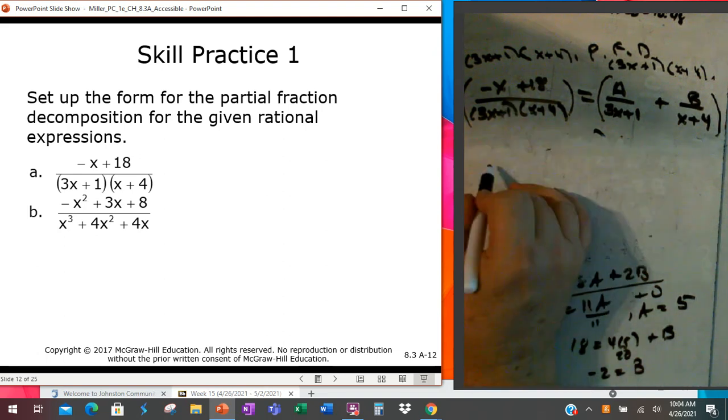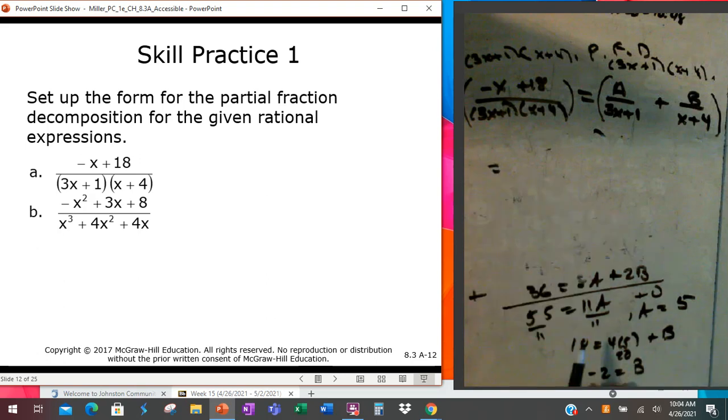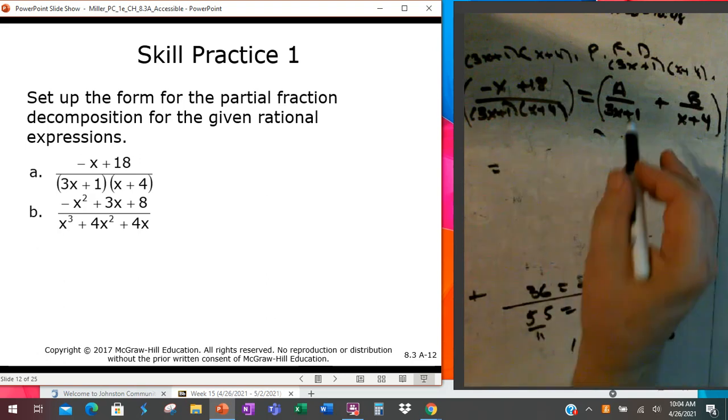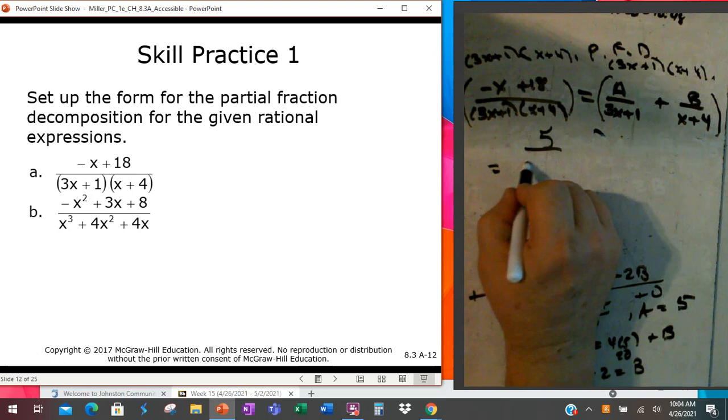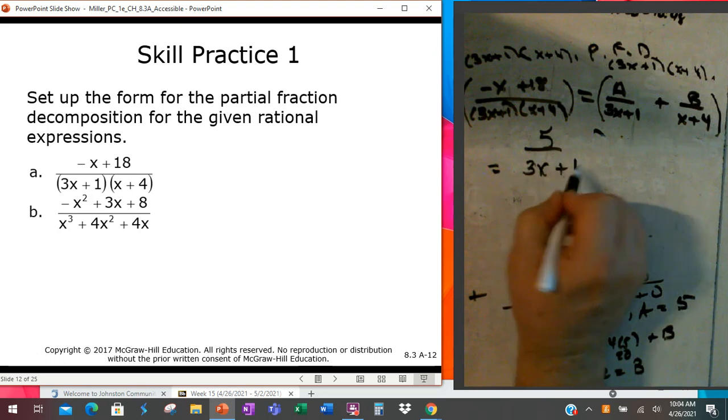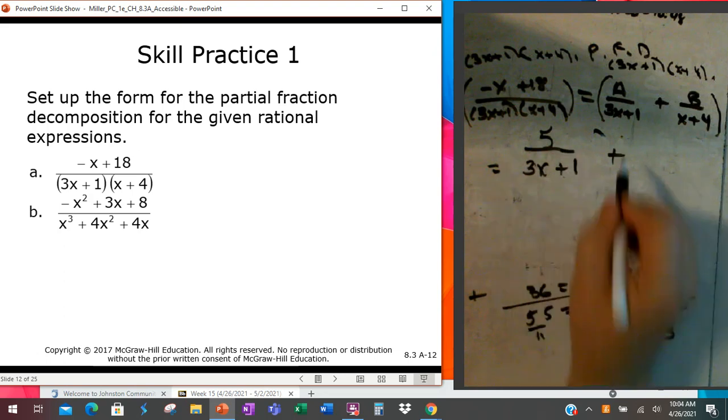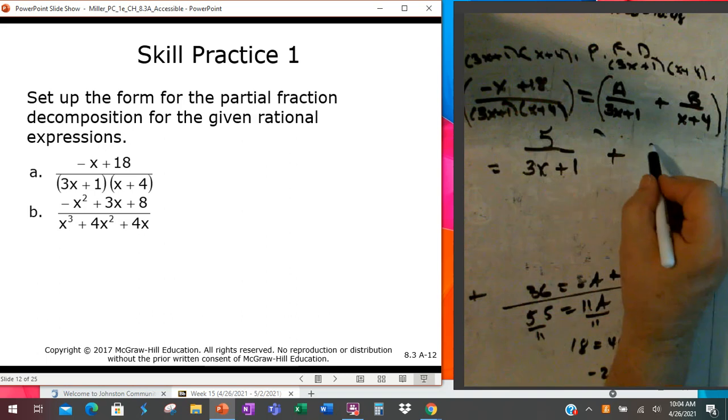So this is going to be equal to the minus x plus 18. I match them up because this is the way I set these things up. So it's the 5 over the 3x plus 1. What's my B? My B is equal to -2.